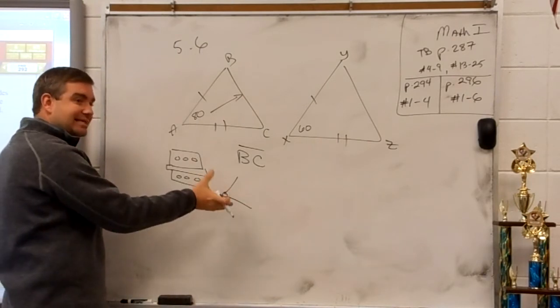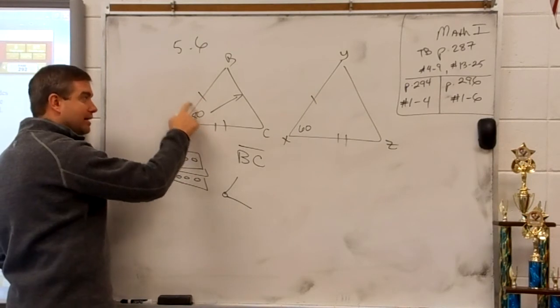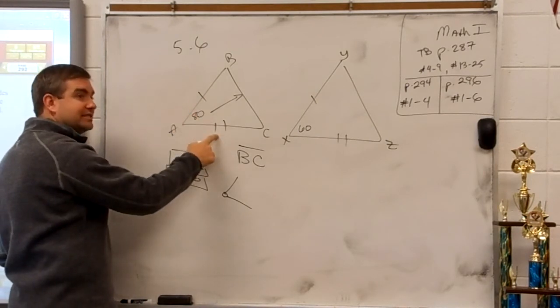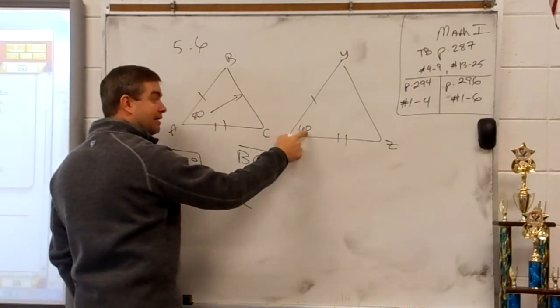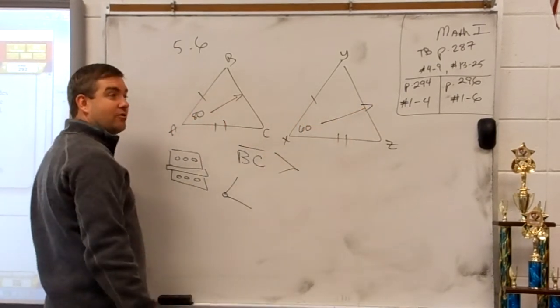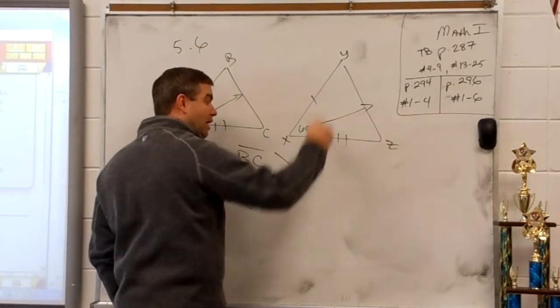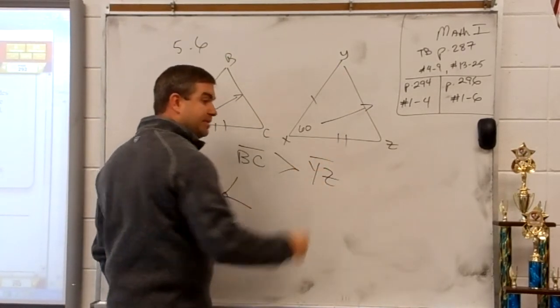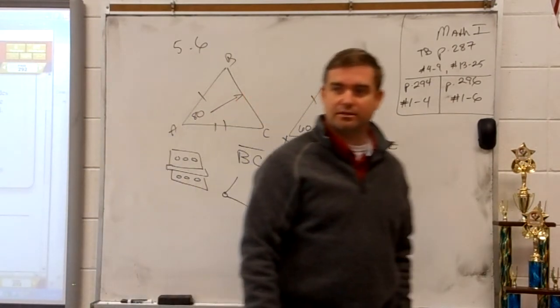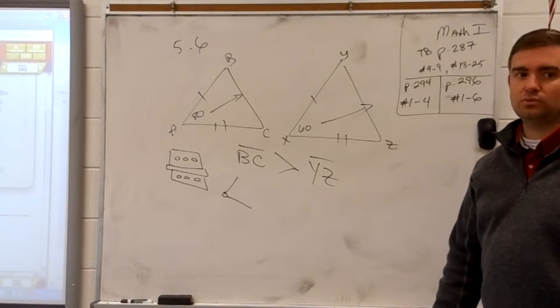As I move that, that's a hinge. So what it's saying is this angle in between these two congruent sides and a smaller angle in between two congruent sides means that BC has got to be greater. This has got to be greater than YZ. BC is greater than YZ. That's the hinge theorem.